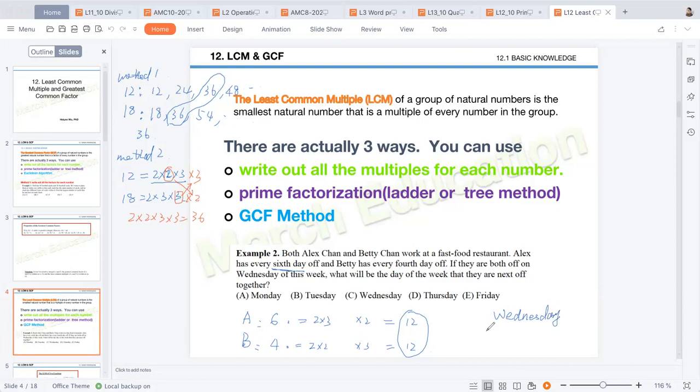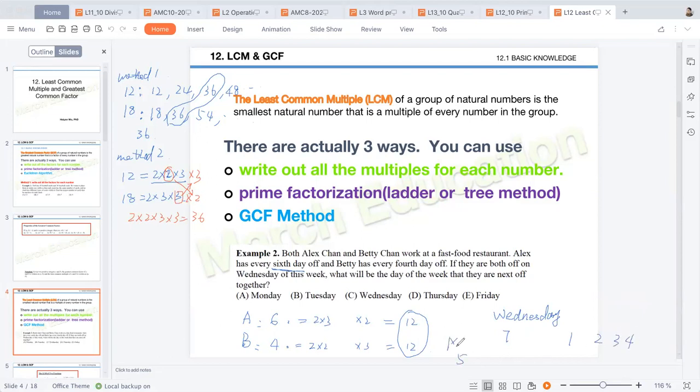So I need to find from Wednesday, 7 days later, this should be Wednesday again, right? So I must count Thursday, Friday, Saturday, Sunday, and Monday. So 1, 2, 3, 4, 5.